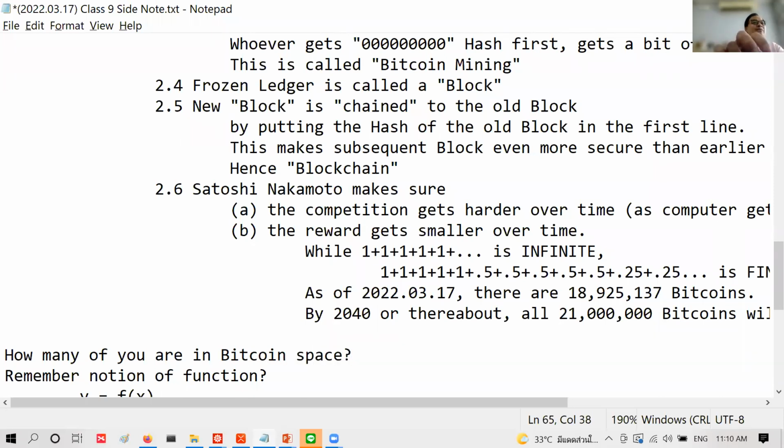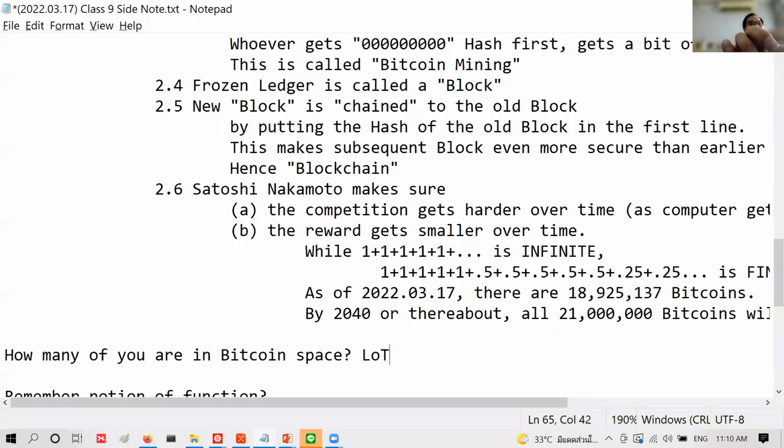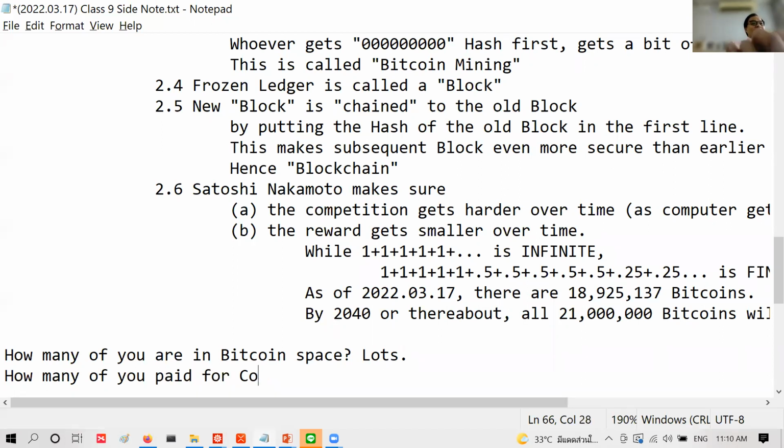In other words, you hold some Bitcoin, and you will say something like lots. How many of you bought a coffee in Bitcoin? Okay, I would bet none.